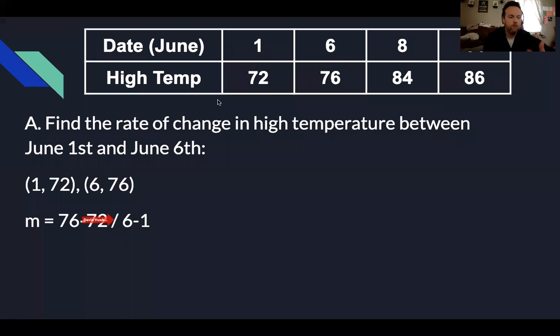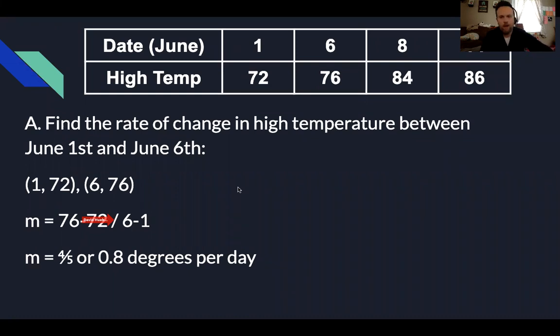So 76 minus 72 divided by 6 minus 1 gets me 4/5, or if I change this to a decimal, about 0.8 of a degree, or 0.8 degrees per day. So if I assume that this goes steadily, every day between June 1st and June 6th, the temperature grew by 0.8 degrees.